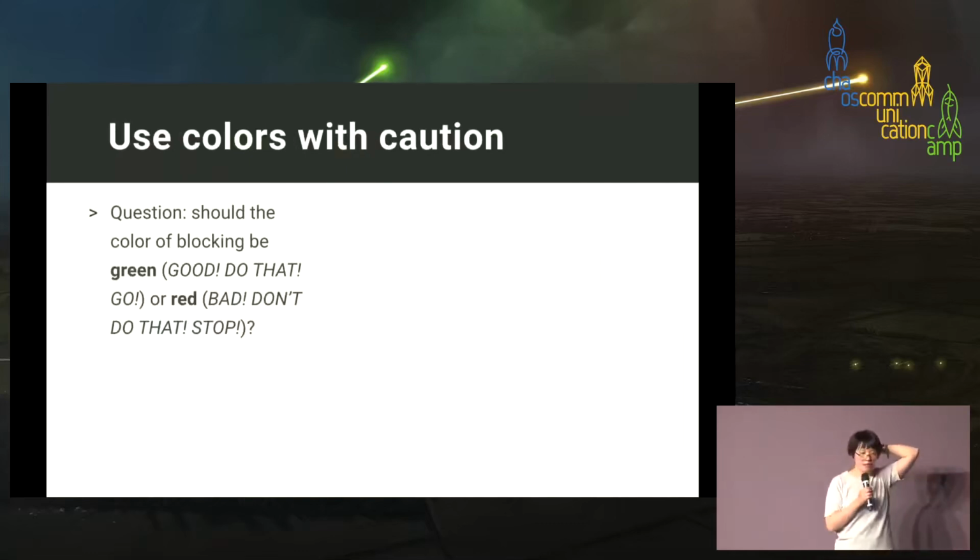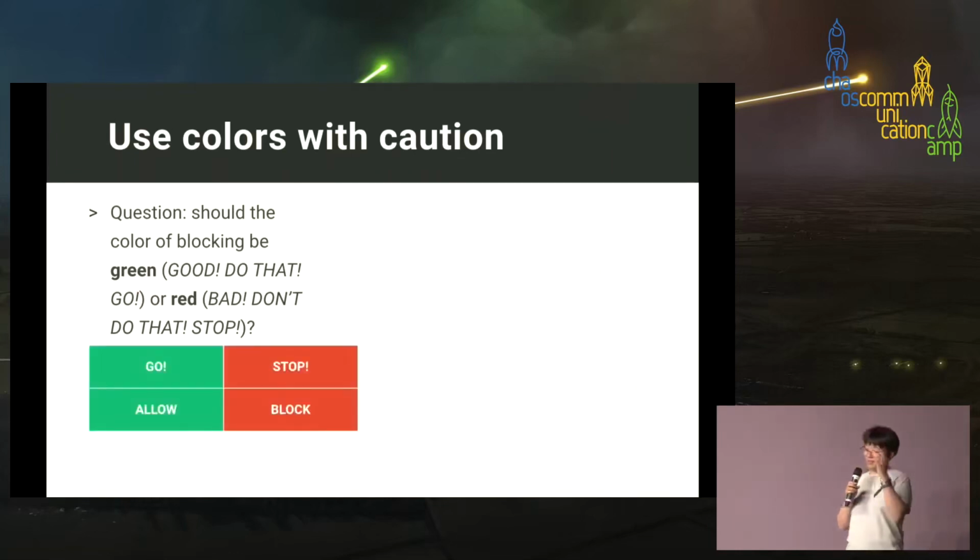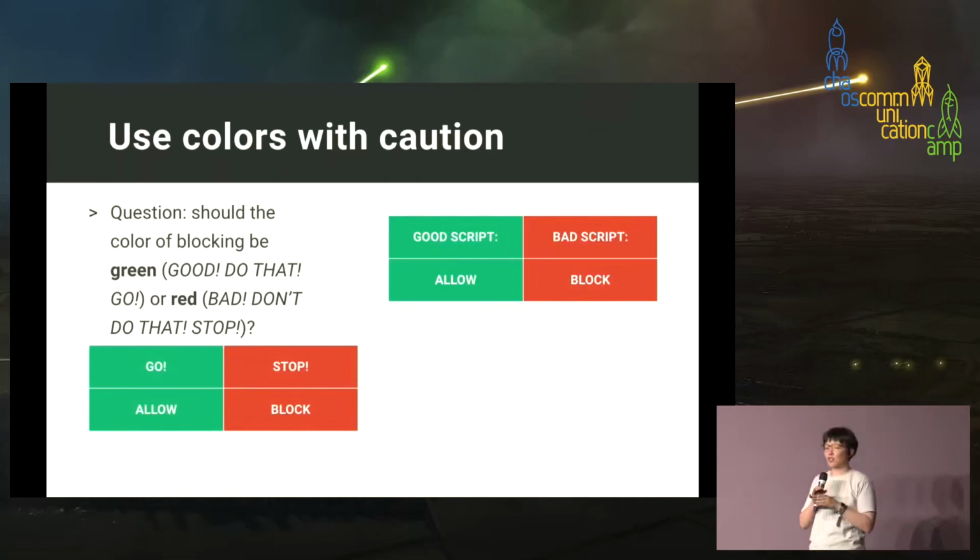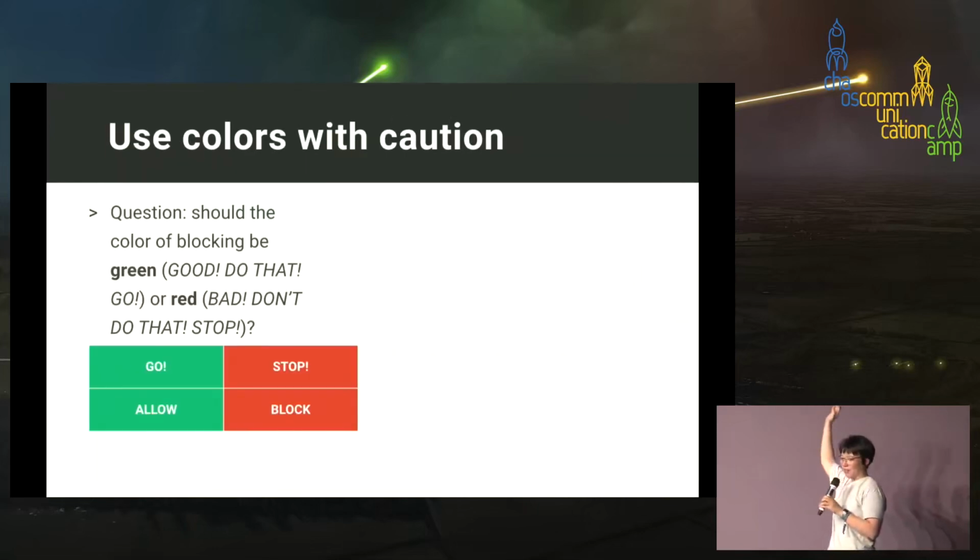So here's a design question. Should blocking be green? Good, do that, go, right? Or should it be red, which we associate with bad? Don't do that, stop. Well, if you go with the intuitive gloss, let me go back one, go is green, right?